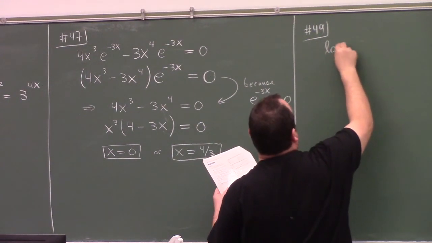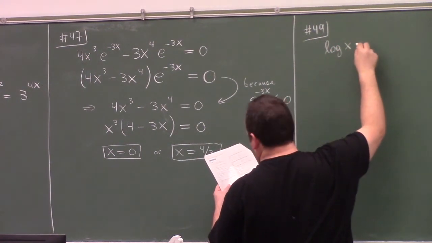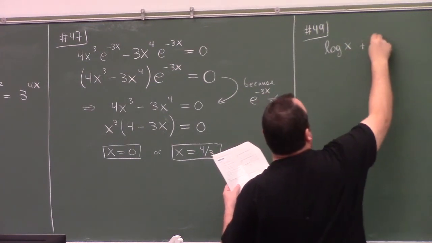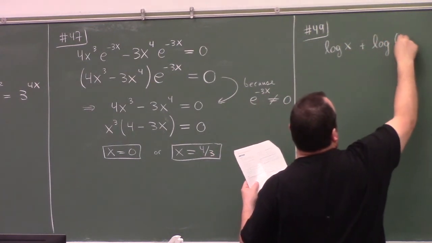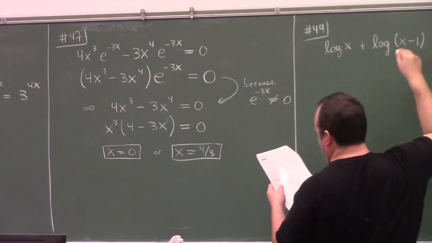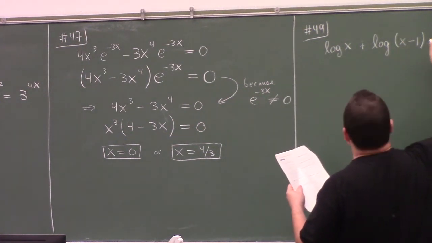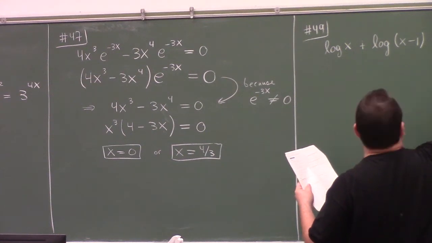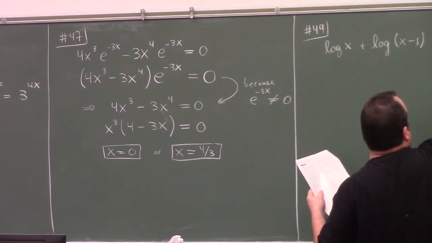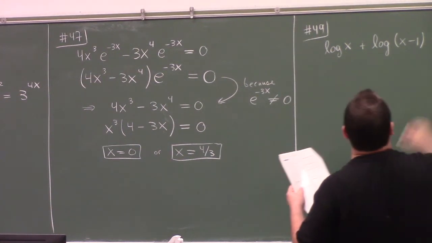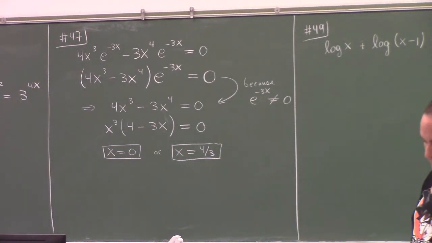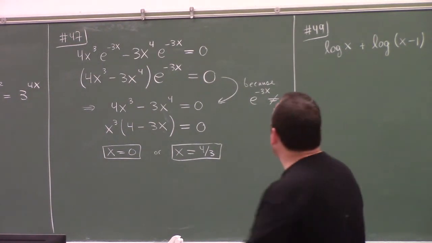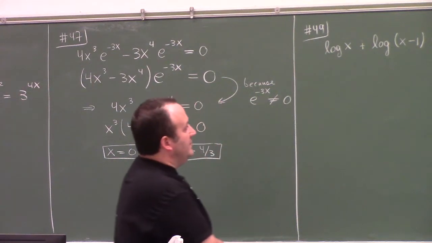49 says log of x plus log of x minus 1 equals log of 4x. And so this is the common log, right? This is log base 10. So how should we handle this?